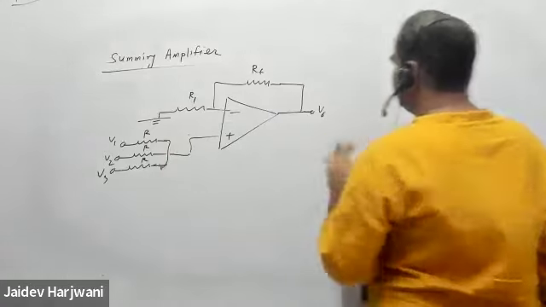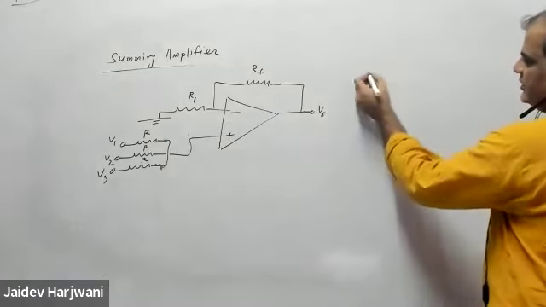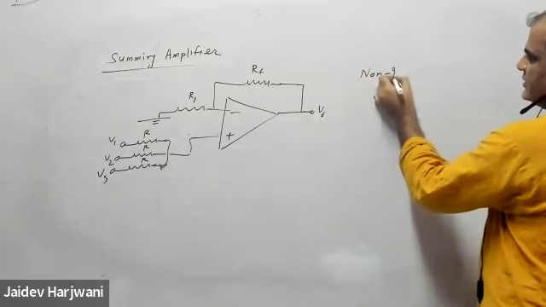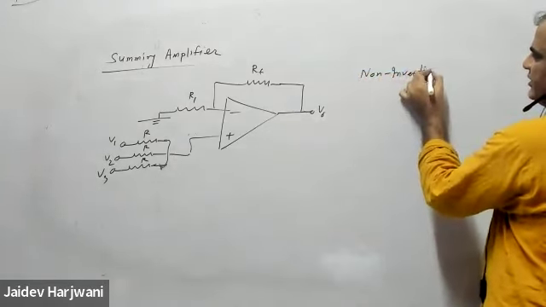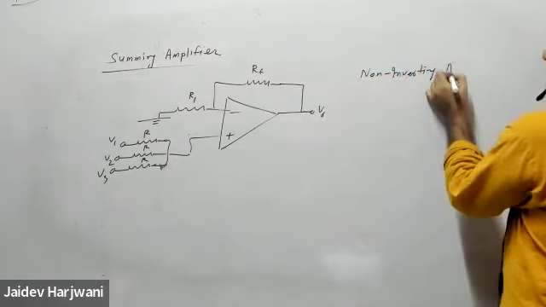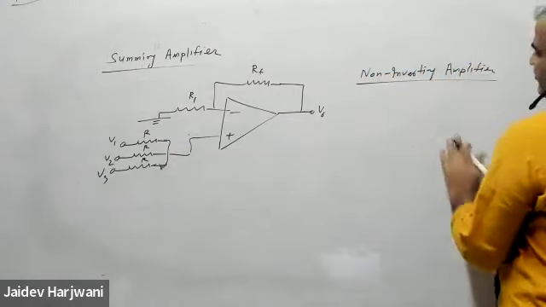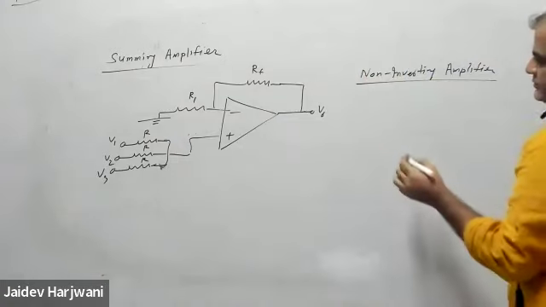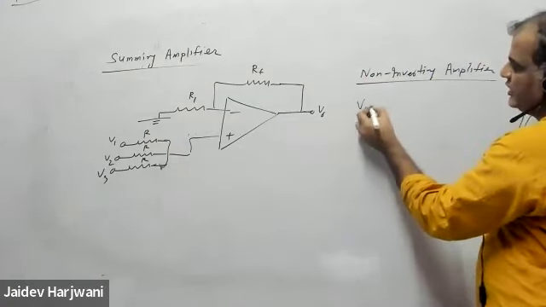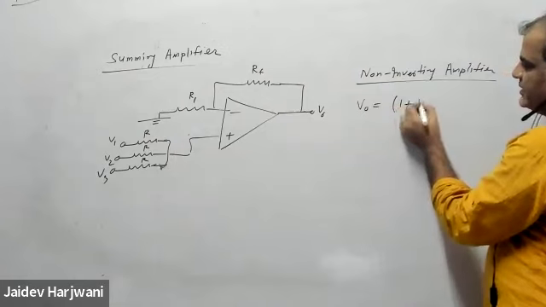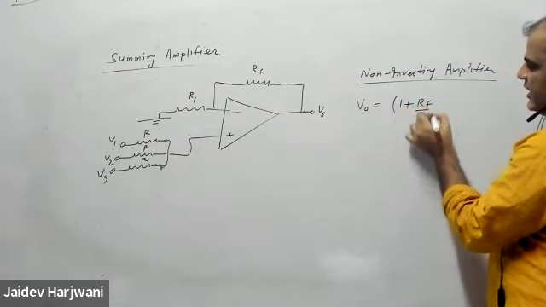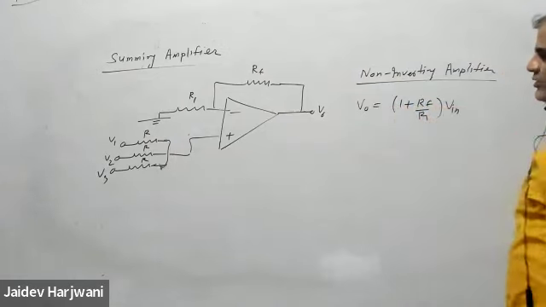So what is the formula basically? Non-inverting formula, for the non-inverting amplifier, is V0 equals 1 plus RF by R1 into V input.